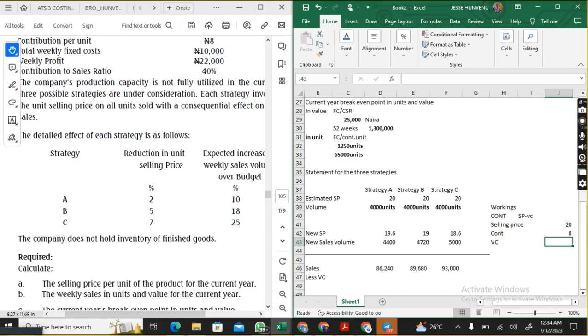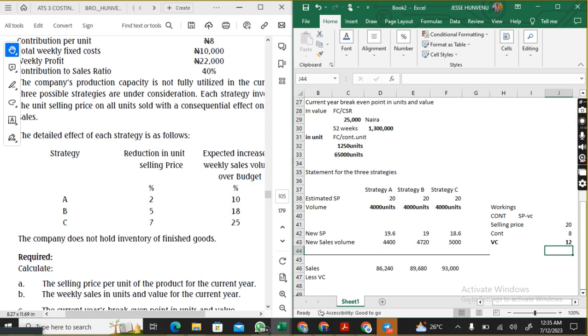To get our variable cost, with the formula of contribution equals selling price minus variable cost, we minus the contribution from the selling price. You can see down here how we get it. So definitely we have a variable cost of 12 units.